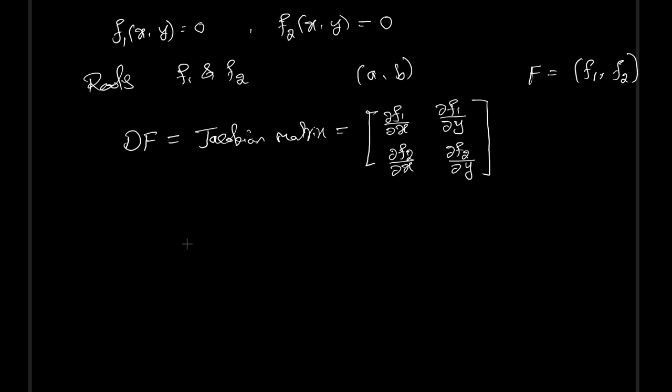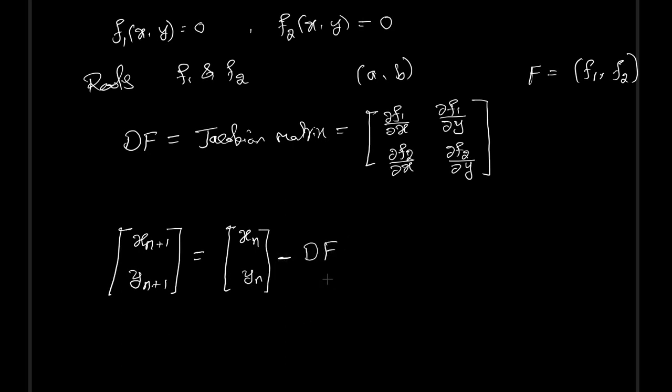Alright, so now if I mimic the Newton-Raphson method for this case, our aim is to find an x comma y where these two functions become 0. So if you construct the iteration formula here, it will be given by xn plus 1 and yn plus 1 equal to the initial approximation xn and yn minus, we need to write the derivative of f.